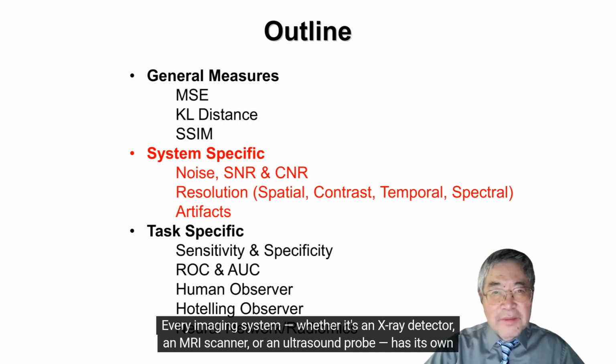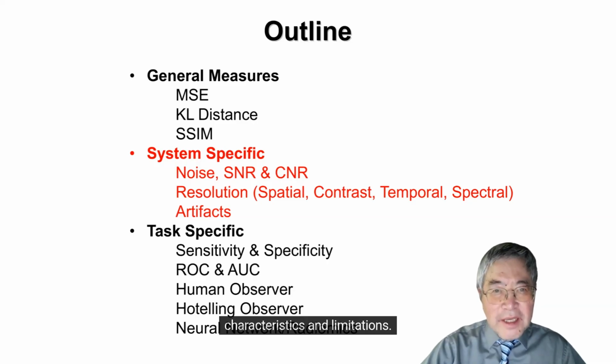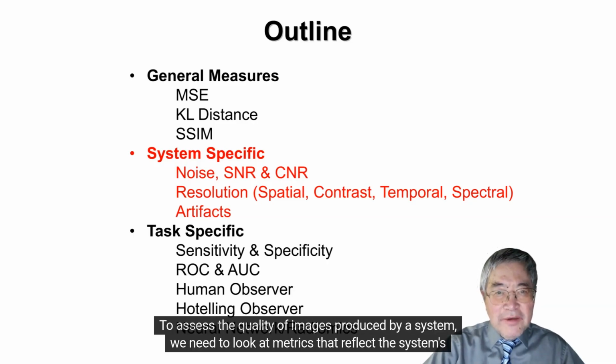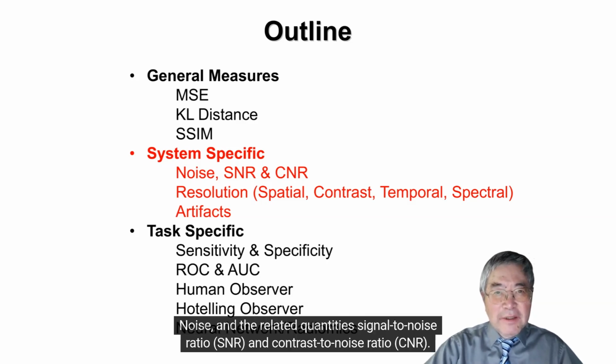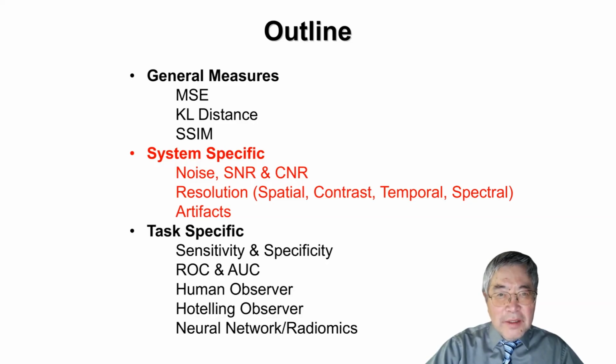Every imaging system, whether it's an X-ray detector, an MRI scanner, or an ultrasound probe, has its own characteristics and limitations. To assess the quality of images produced by a system, we need to look at metrics that reflect the system's performance. This includes measures such as noise and the related quantities signal-to-noise ratio, SNR, and contrast-to-noise ratio, CNR.